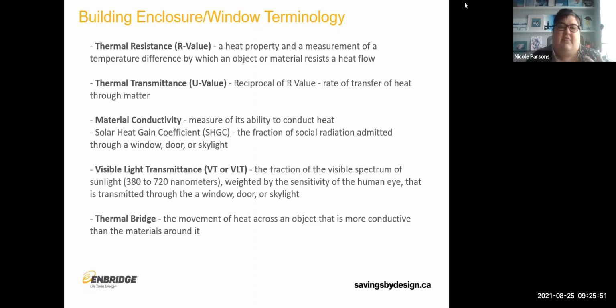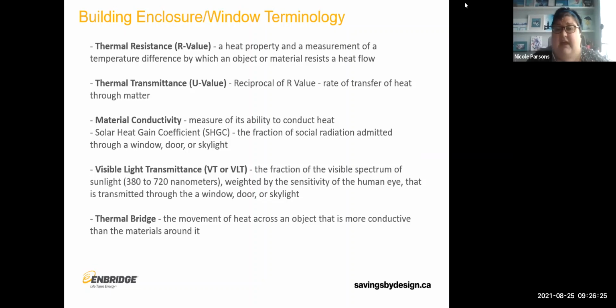So essentially, the higher the thermal resistance, the better insulator a material is. The better it resists heat flow. The thermal transmittance is the reciprocal of that. That's the U value, and that's the rate of transfer of heat through matter, through a specific item. So for windows, we're going to be talking about U value. So the lower the U value, the less heat transfer that happens through that window assembly.